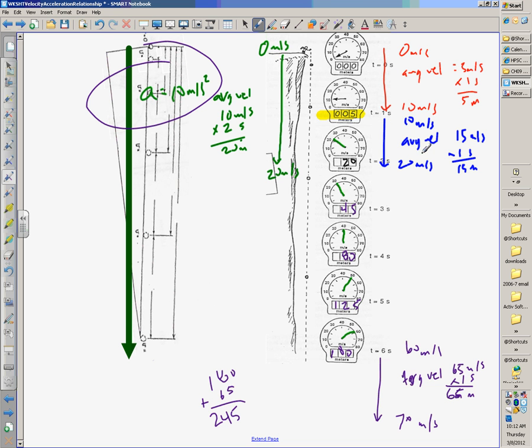Just like up here, during this second, we went from 10 to 20. The average during that time is 15 meters per second, because we gradually build up between 10 and 20. Here, we gradually build up from 60 to 70. So half the time it's going slower than 65, and half the time it's going faster than 65.